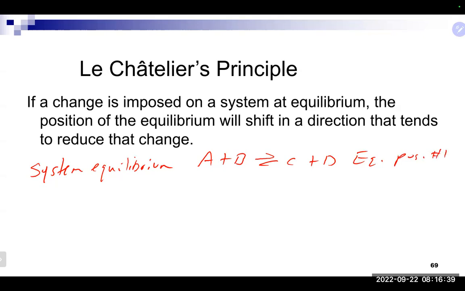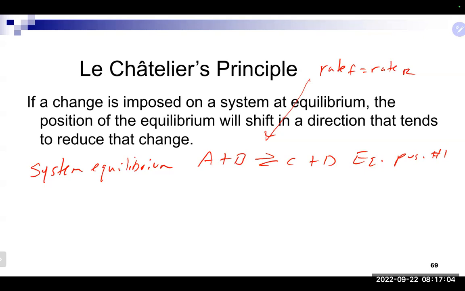Now, as we talked about, when a system reaches equilibrium, what that means is the rate of the forward reaction will equal the rate of the reverse reaction. So once this reaches equilibrium, we have those rates that are equal to each other, and everybody's sort of happy and arranged nicely.